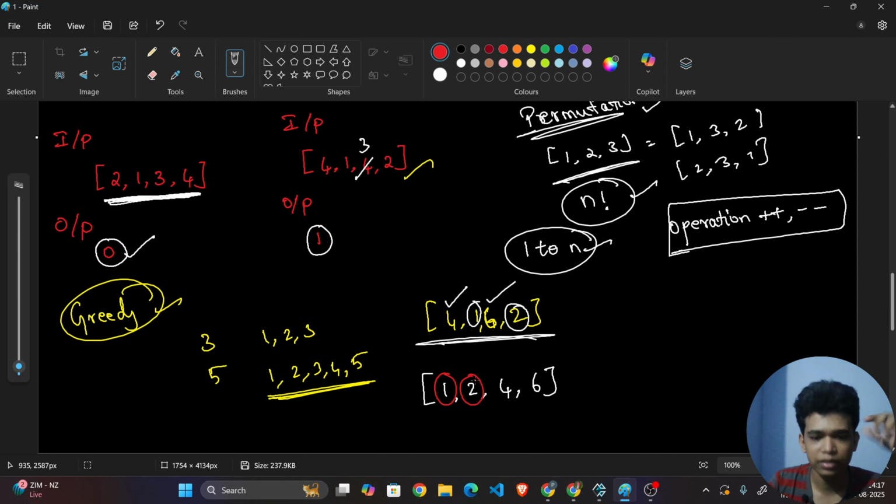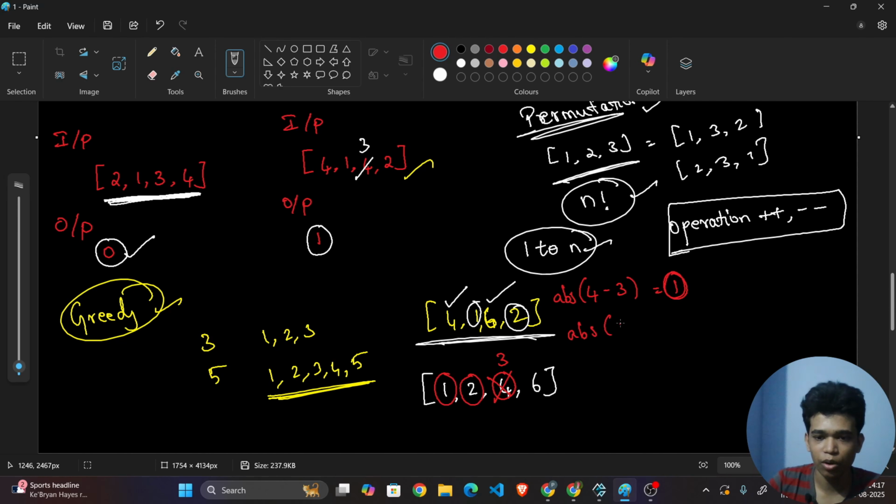The second element is equal to 2. Yes. The third element is equal to 3. No, so I do the absolute value of 4 minus 3, which is equal to 1. So you need only one operation to change this 4 into 3. That operation is decrease by 1. Now here comes 6.